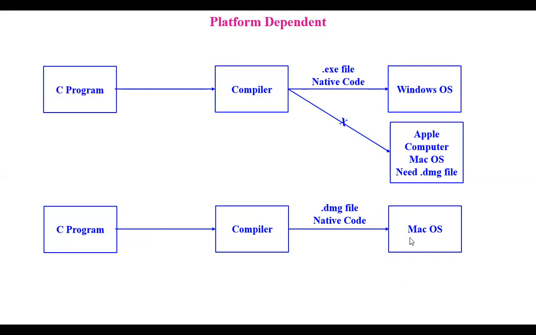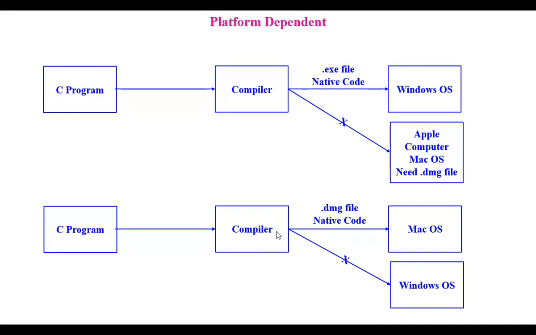If I take the same .dmg file and run it on a system with Windows, it won't work, because Windows needs .exe files only. So these two compilers are different. The compiler used for Windows is different from the one used for Mac. So it is called platform dependent.